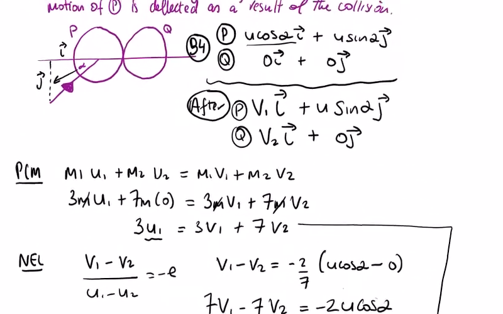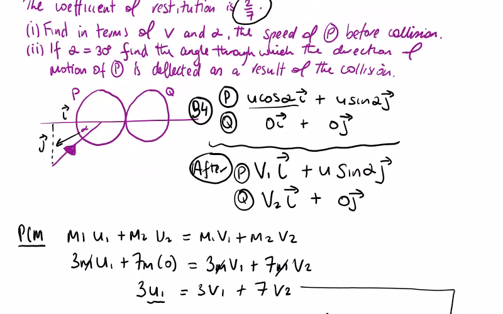Now what were we asked for here? We were asked to find in terms of V and alpha the speed of P before the collision.